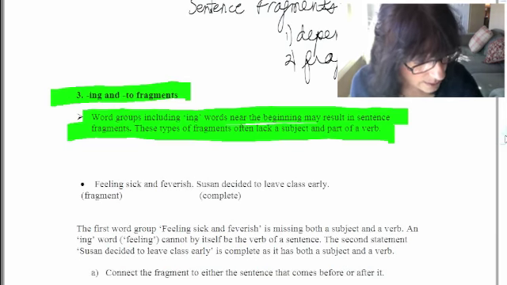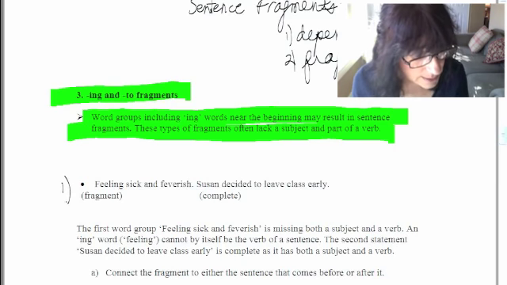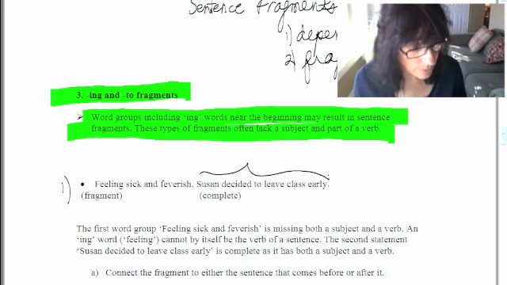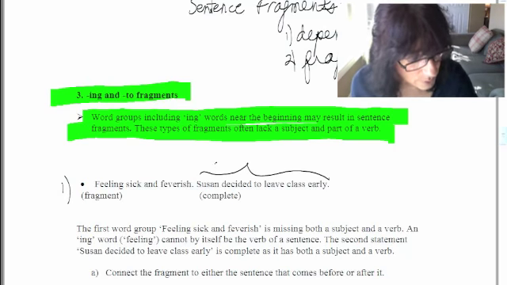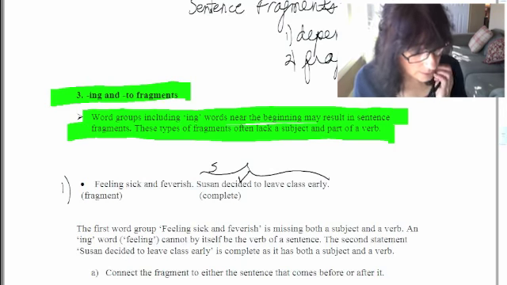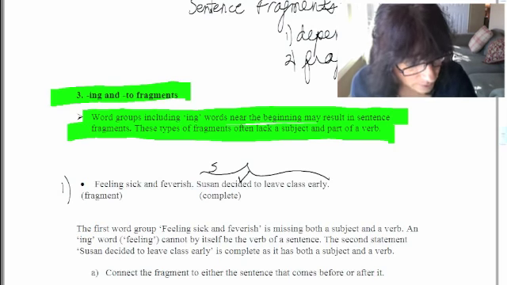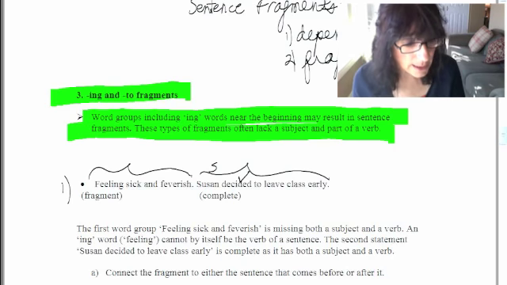In this sentence, feeling sick and feverish, Susan decided to leave class early. Now, Susan decided to leave class early is a complete thought. Susan is your subject, decided is your verb, and now you know what she's decided. She's decided that she would leave early, so it's a full thought. But take a look at the first half, feeling sick and feverish.